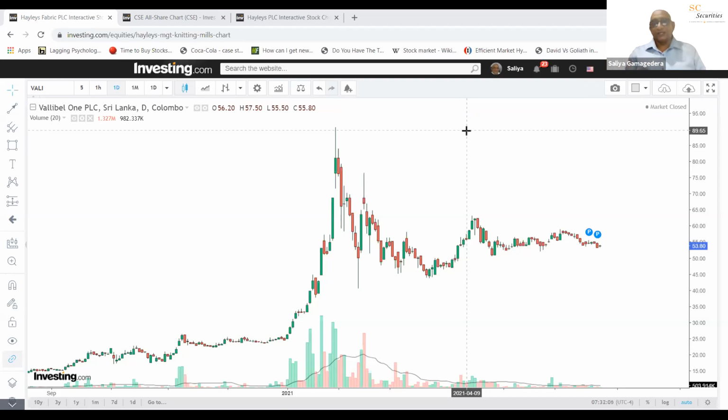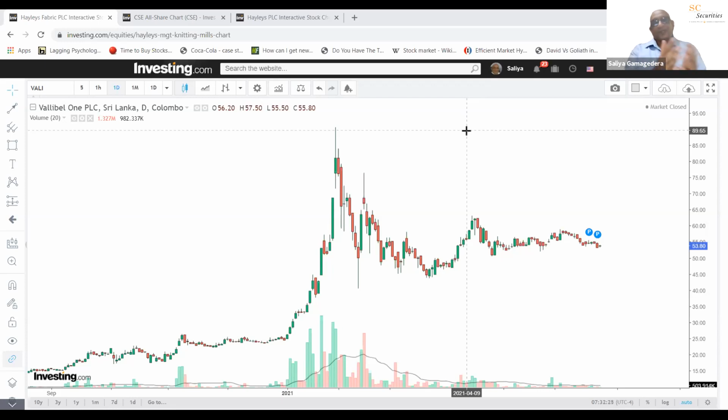Those waves are the ones within the two trends, the uptrend and the downtrend, and the sideway movement. Within an uptrend, a downtrend, and a sideway movement, you will see these waves moving to and fro.